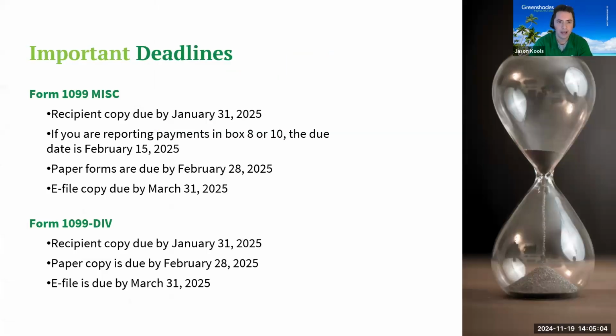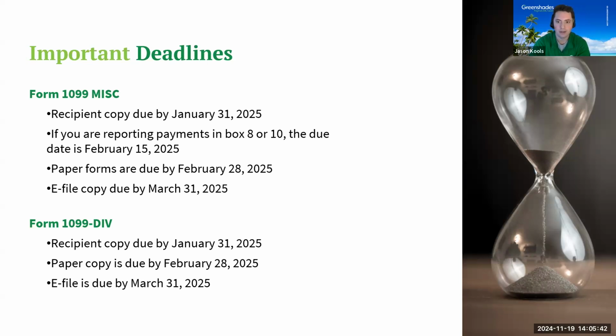On the next few slides, we'll have some important deadlines. No need to remember all of the details. Again, we'll be sending out the presentation to you all, along with our 2025 HR and tax calendar, which will include all of the 1099 deadlines, year-end information, along with some other important filing dates as well. One thing to consider with these deadlines, just make yourself aware of what the deadlines will be for each different form type.